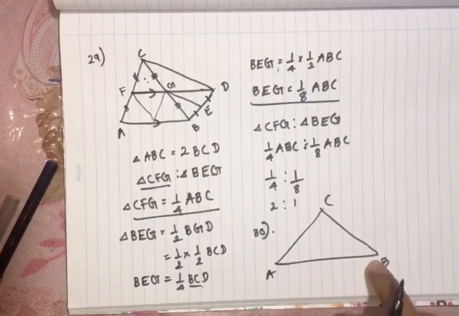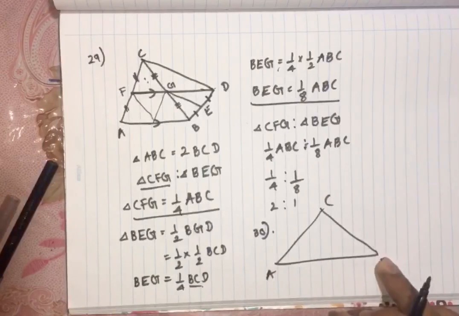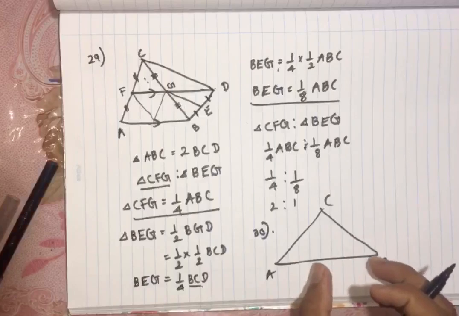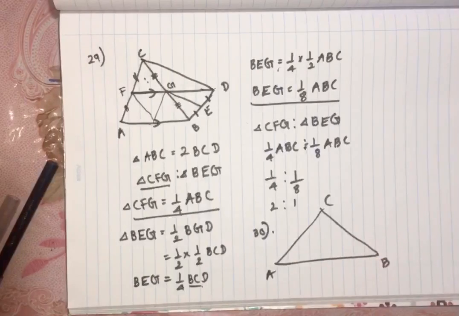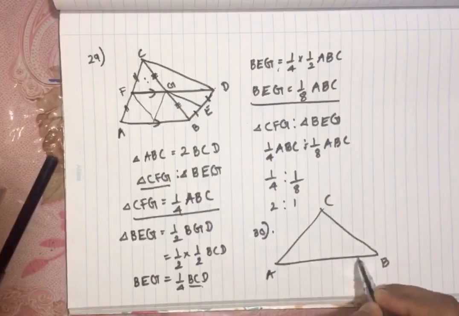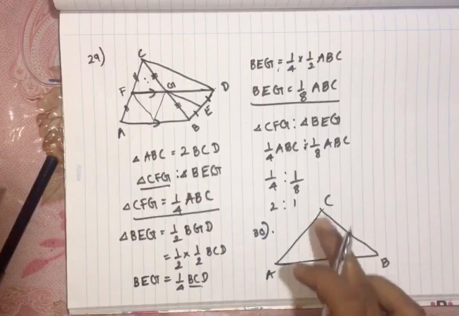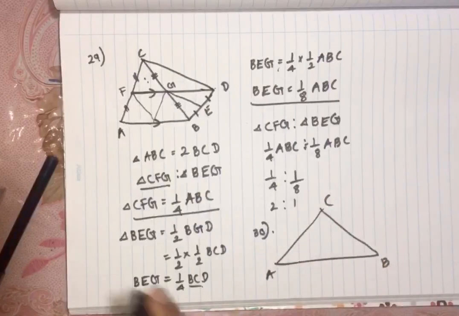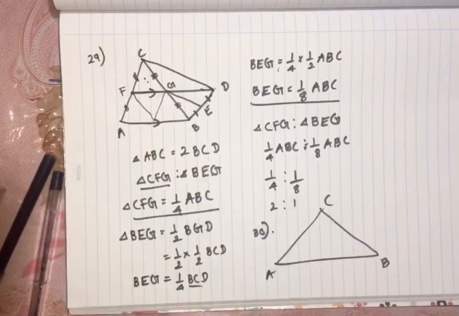The point D should be on AB such that DB is equal to DC. That means the point D should be somewhere on AB. It may be anywhere, but it should always have an equal distance from C and B. How do we find the point? Okay, that is this way.